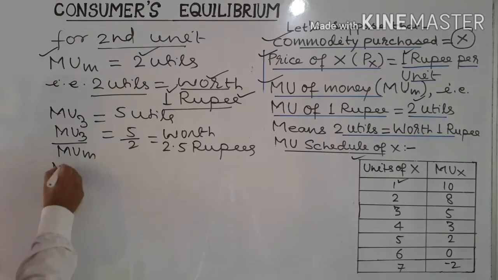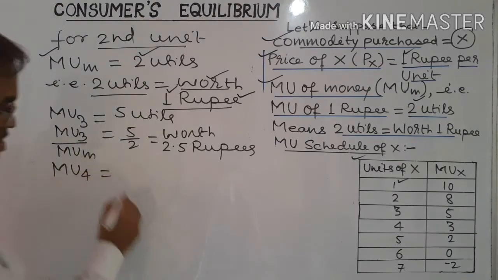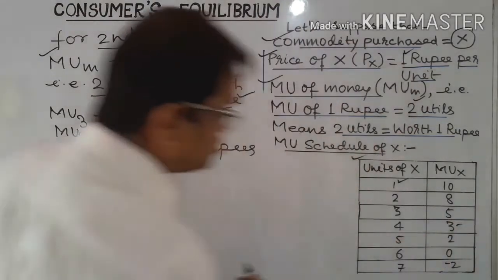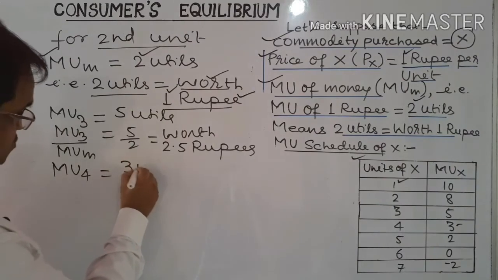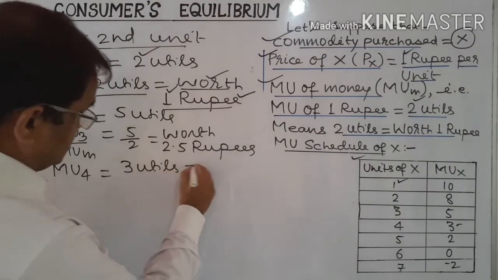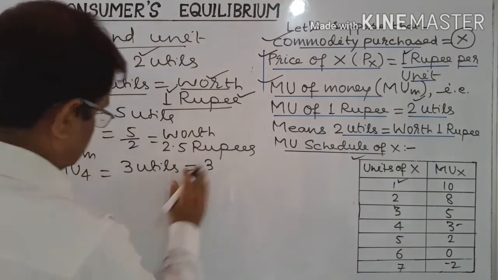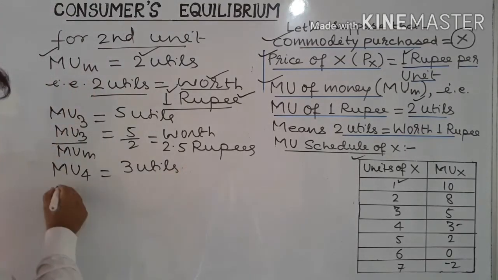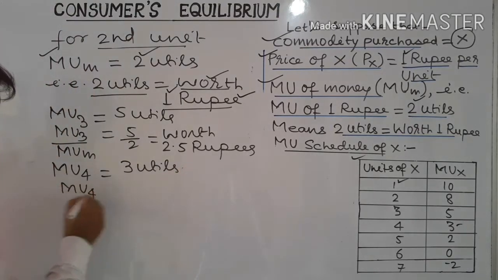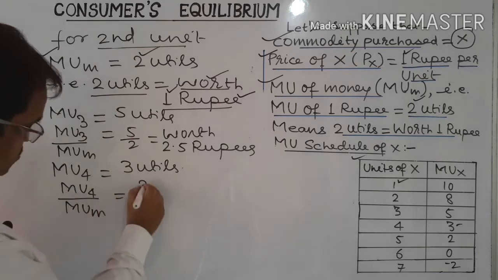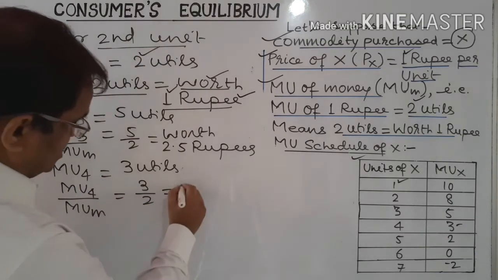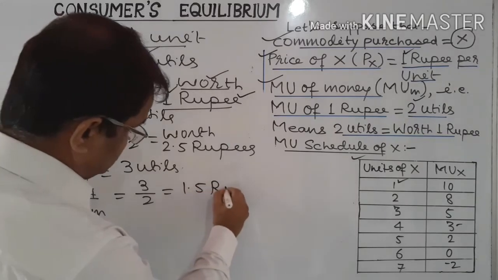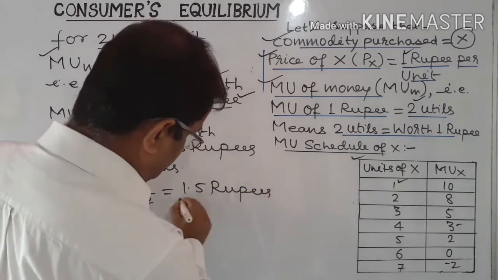सिमिलरली फॉर द फोर्थ यूनिट द एडिशनल सेटिस्फैक्शन इज वर्थ 3 यूटिल्स. This is equal to 3 utils and this is equal to 3 by 2. When we divide it by the marginal utility of money, that is MUM, this is equal to 3 by 2, that is 1.5 rupees, worth 1.5 rupees.